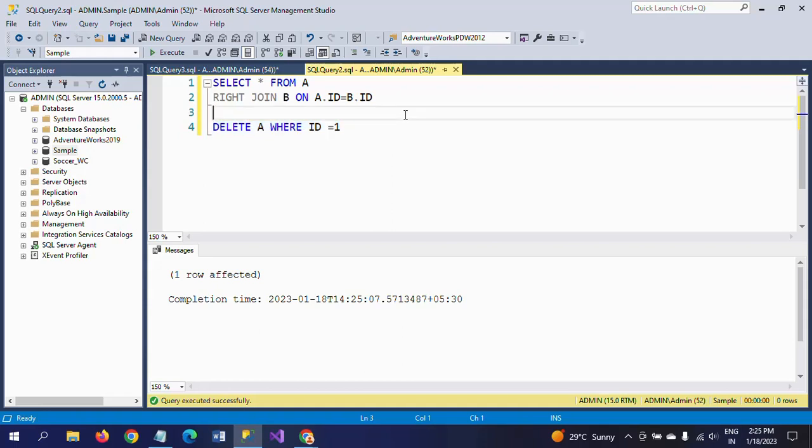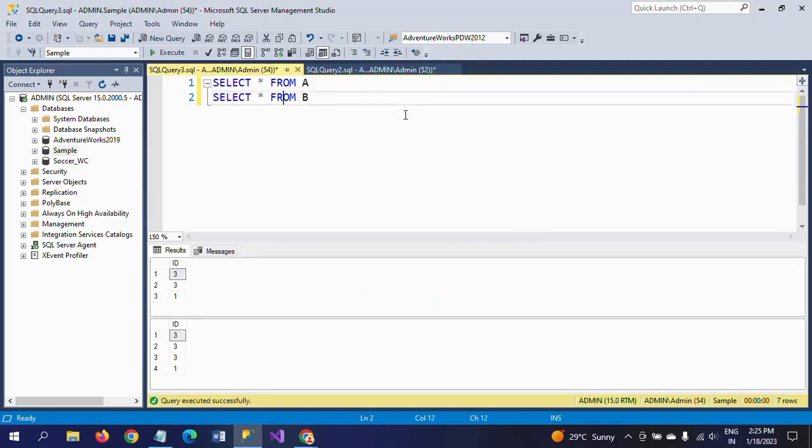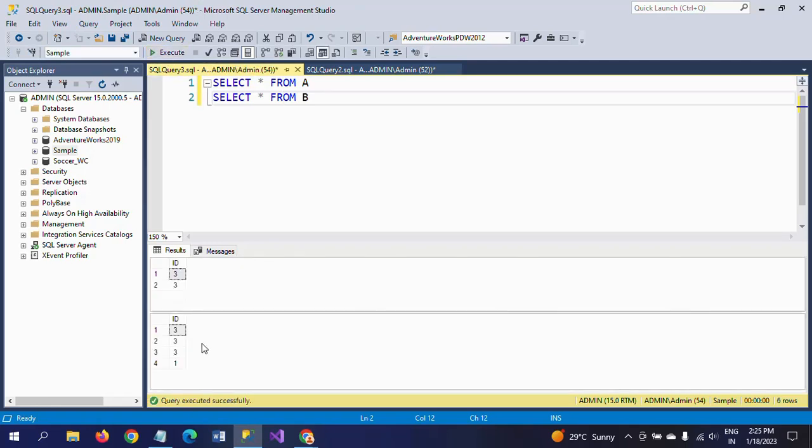We will see what happens. Check the table here. In A table it's only 2 records, and in B table it's 4 records. Additionally, one record is added.